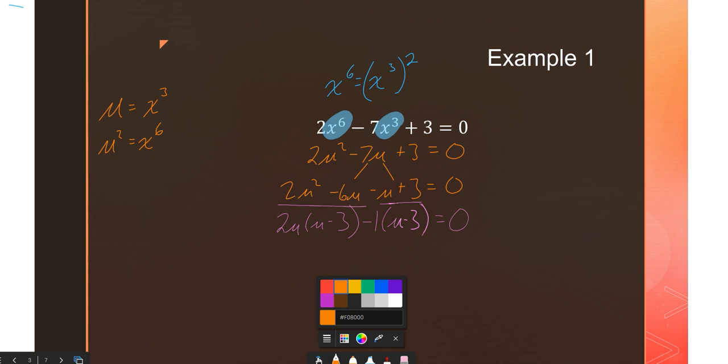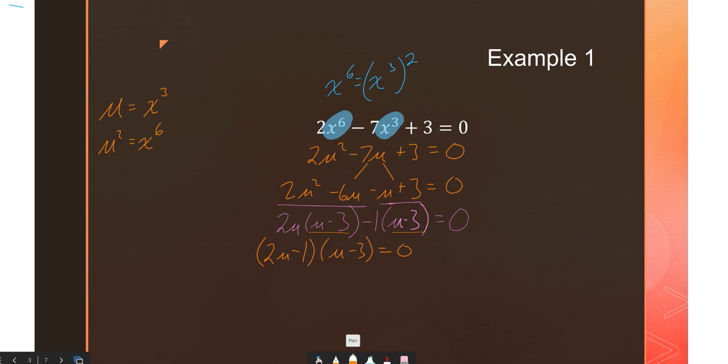So then, because I have a common factor u minus 3, we can go ahead and pull that out. So we've got 2u minus 1 times the quantity u minus 3 equals 0.